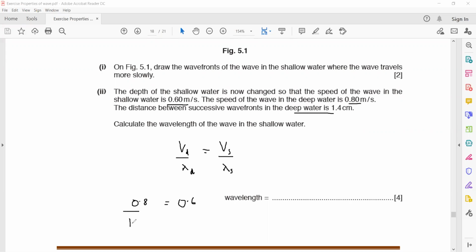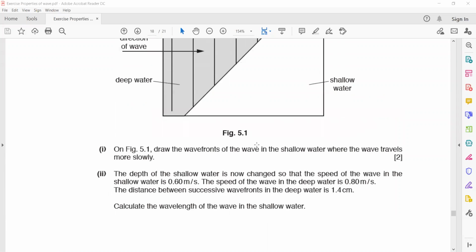Then the wavelength in the shallow region will be x. Cross multiply. So lambda is equal to 1.4 multiplied by 0.6 divided by 0.8. You will get the wavelength, but that will be in centimeter because I took a ratio. So I will get the answer in centimeter and I can convert that into meters.